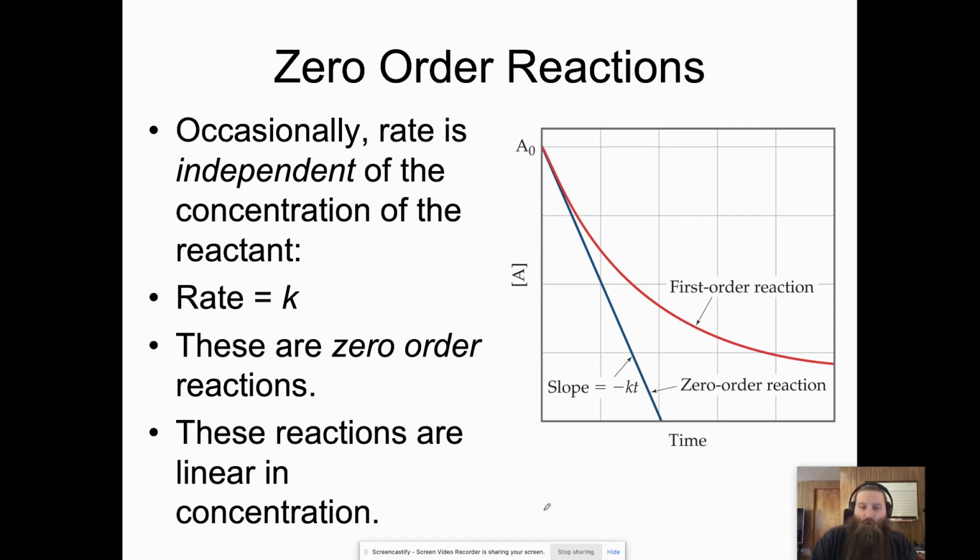So let's wrap up and summarize. If we have Ln of the concentration of A, if we see that on the Y-axis, what do we know? Well, it's first order.